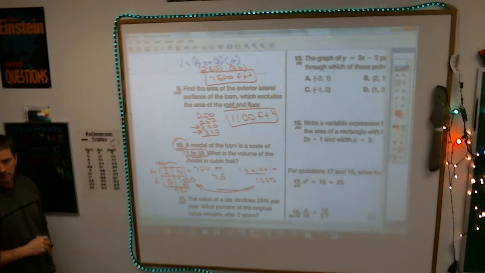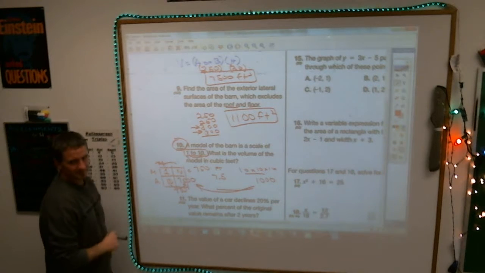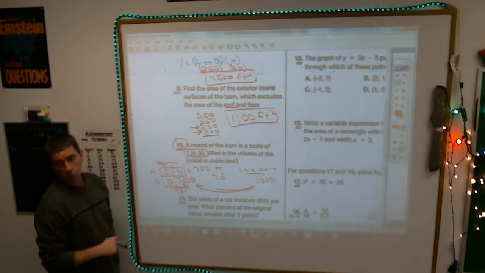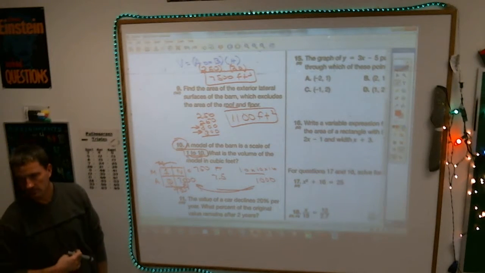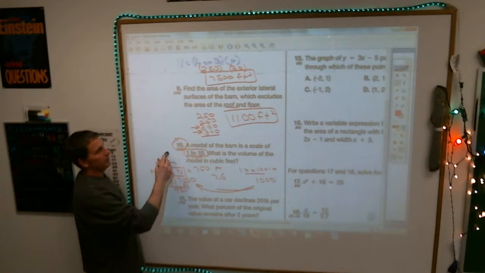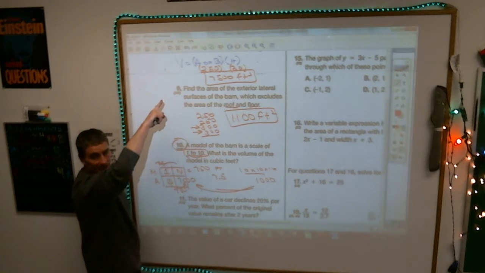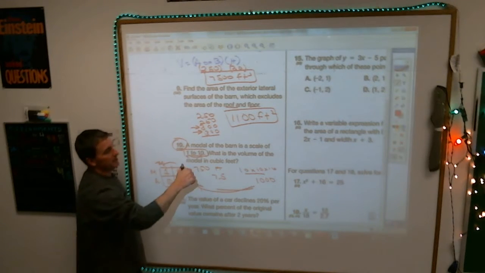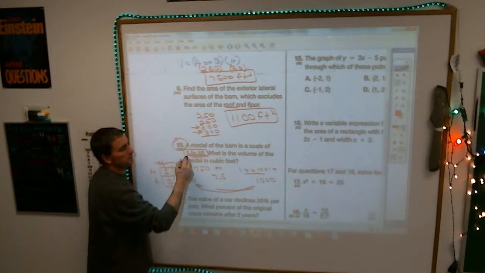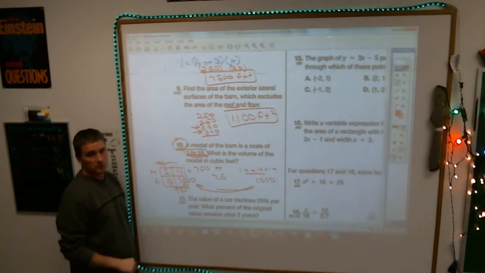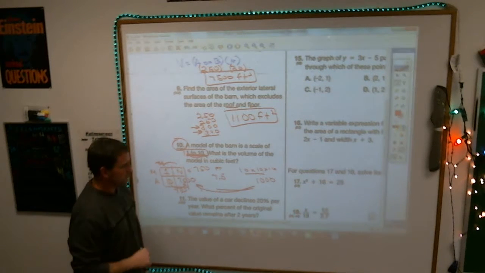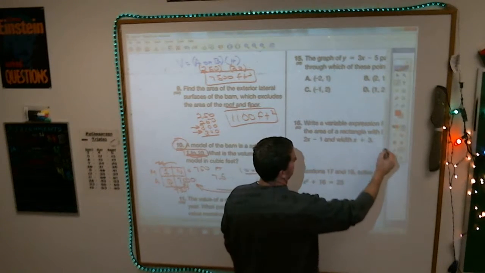I did my math wrong, I got 6.5. Whatever your answer was for number 8 with the volume, you divide it by the scale factor cubed.